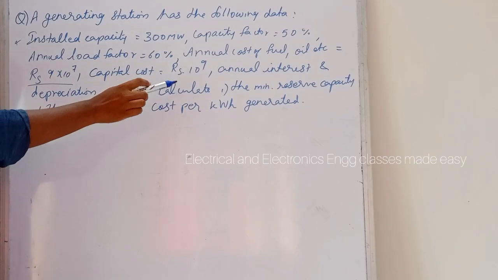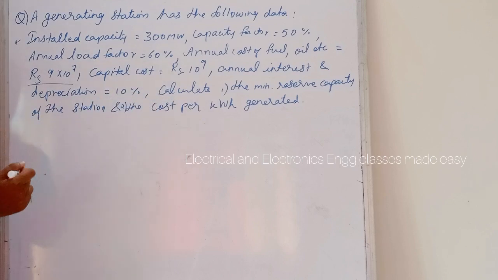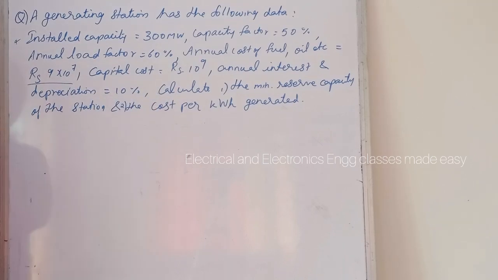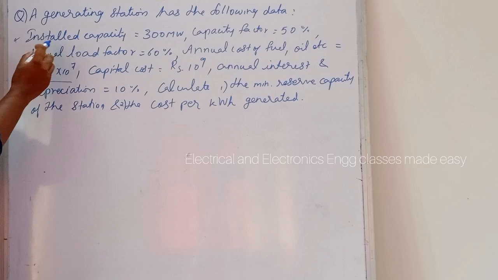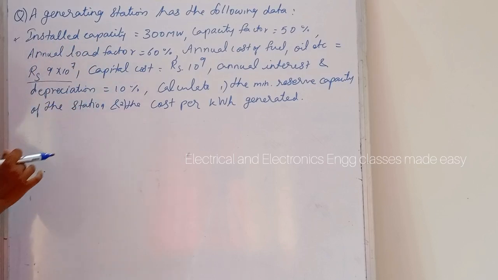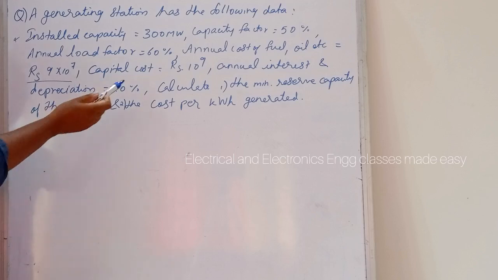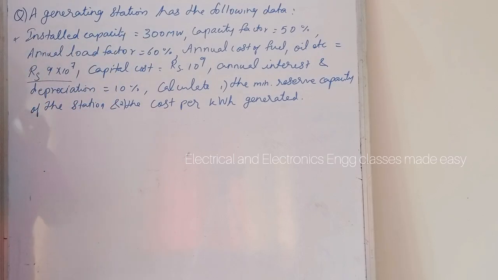So the first question is to find the minimum reserve capacity. It is the difference between the planned capacity and the maximum demand. So here planned capacity is the installed capacity and the maximum demand is not given here. Instead we have capacity factor and annual load factor.